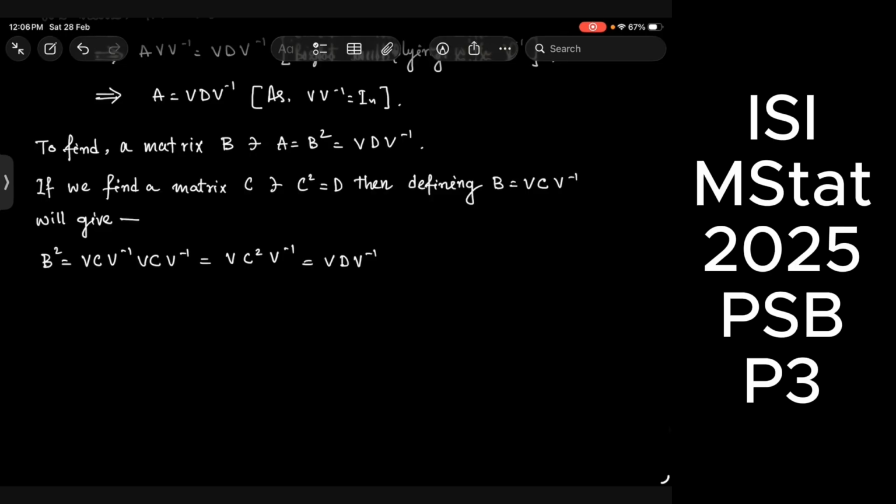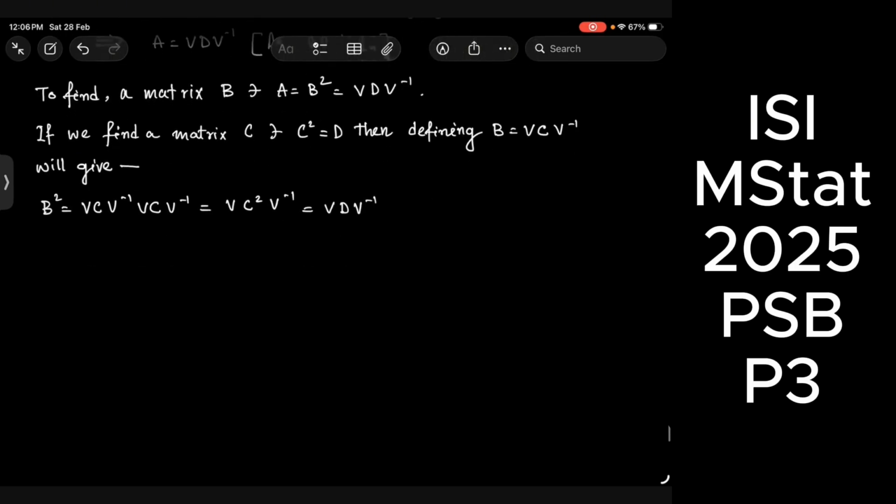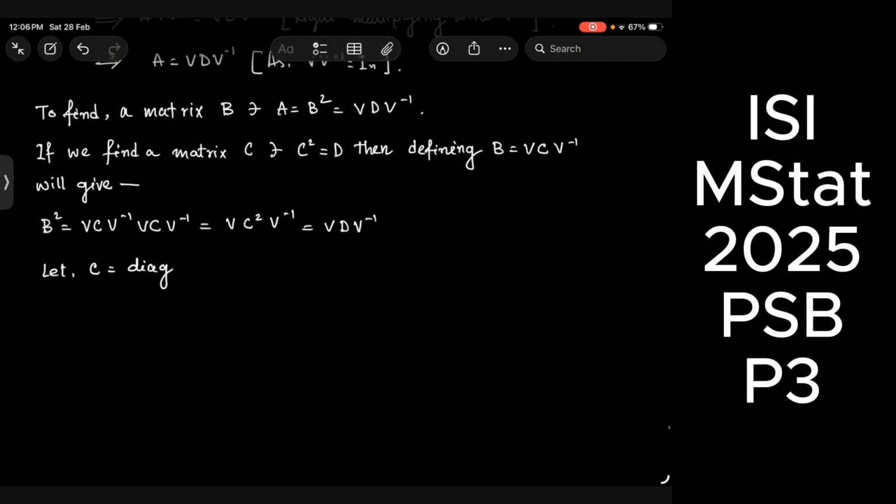So to get that, let C equal to, obviously as it is related to D, it should be diagonal.